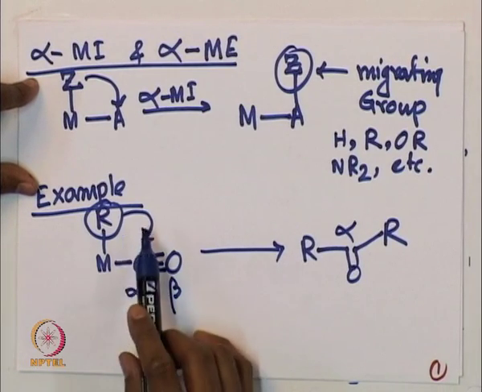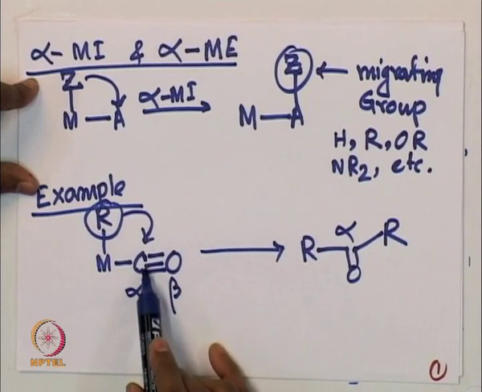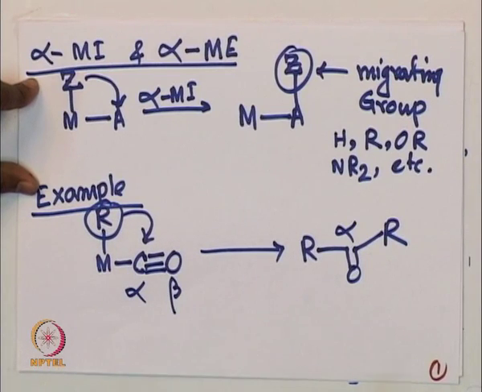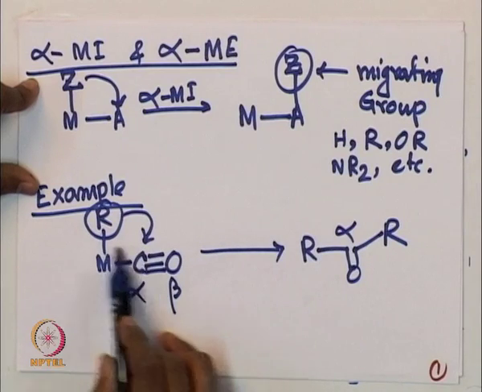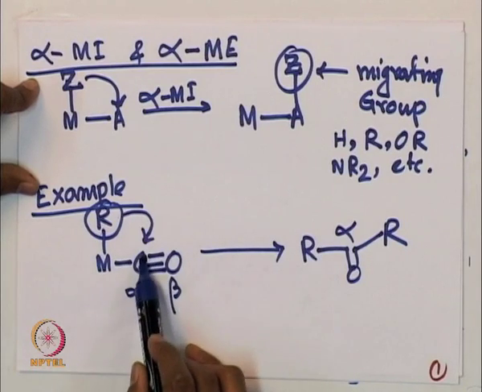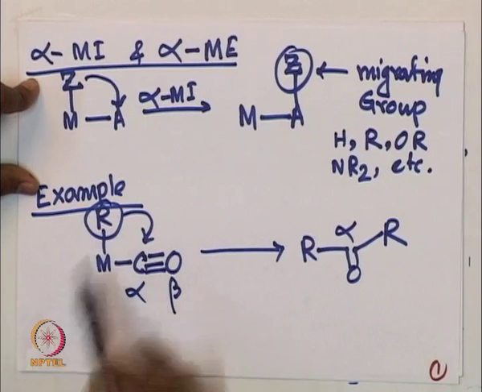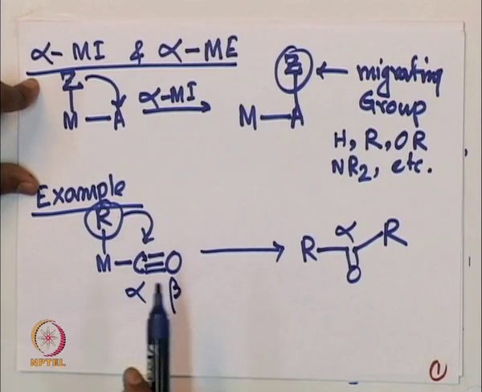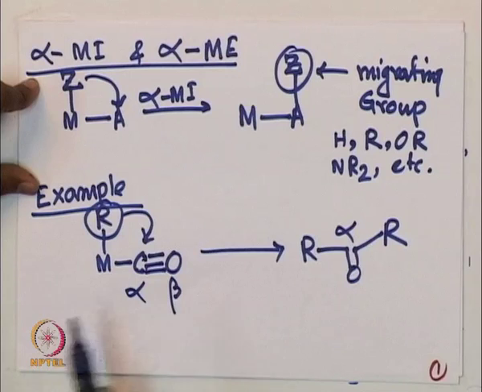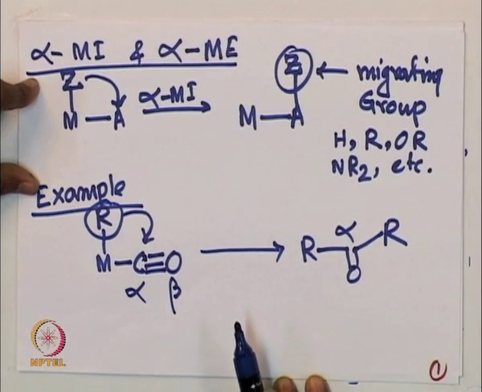Once again, it will be the migration of R, not the insertion of CO, but with a very elegant example done by a researcher, we will discuss why it is a migration, not insertion. So, migration of R is happening, not CO getting inserted. Okay. Of course, both migration and insertion will give you the same product.